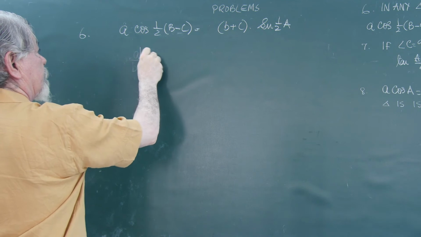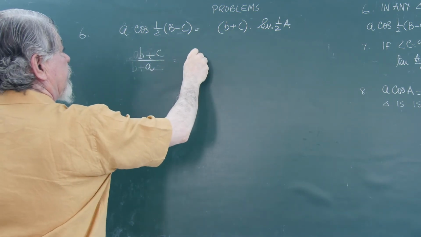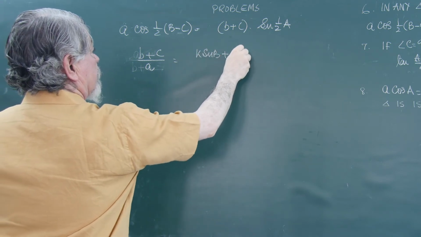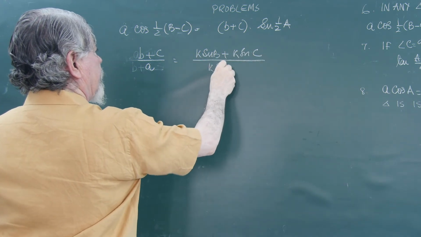We'll start with b plus c upon a. B will be k sine B plus k sine C upon k sine A.